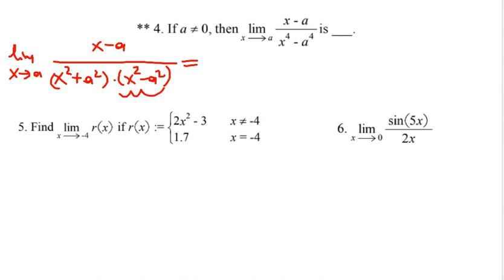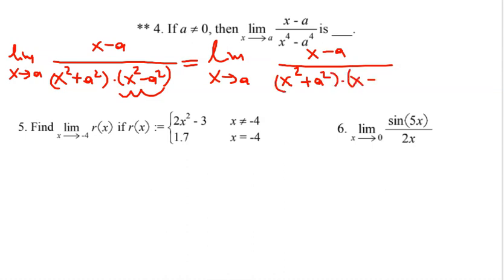Again, this second factor is still factorable, so let's do that. Limit x approaches a, x minus a over x squared plus a squared times x minus a times x plus a. And you may have noticed that we have these common factors, x minus a on top, x minus a on the bottom.